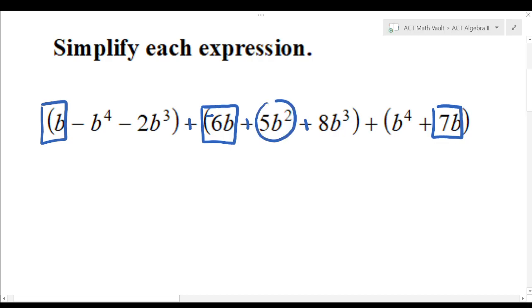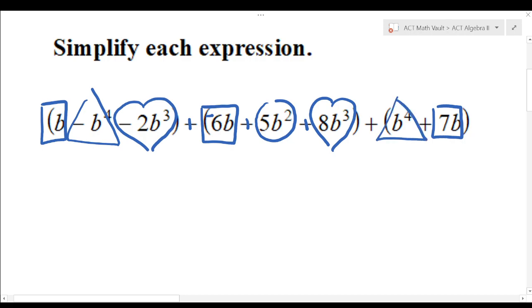And anything with a B cubed can get a triangle, maybe like a heart. We'll do this big one, heart. And anything B to the fourth can get a rectangle. I'm sorry, a triangle.